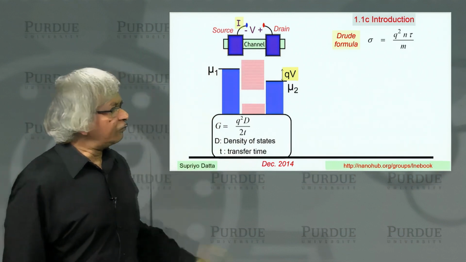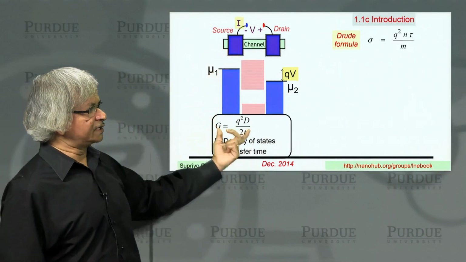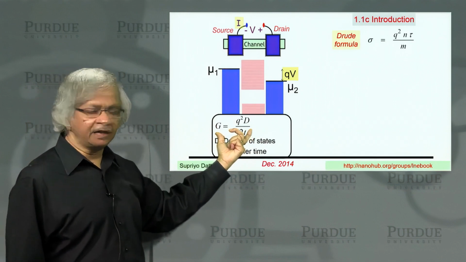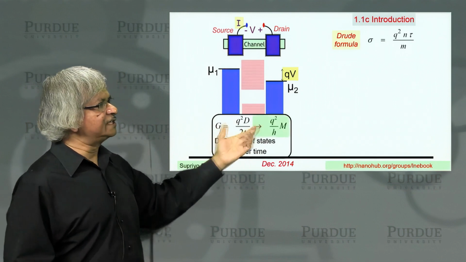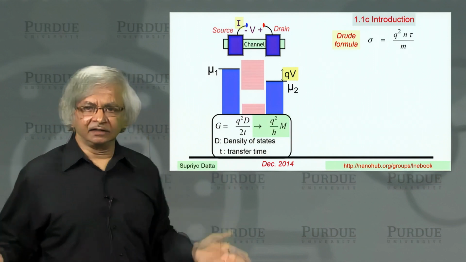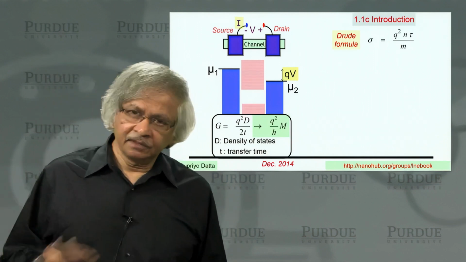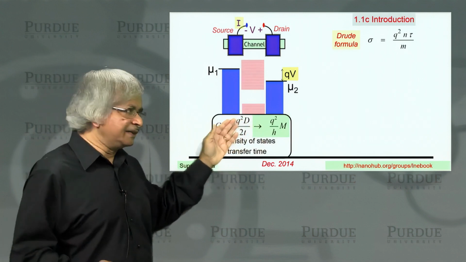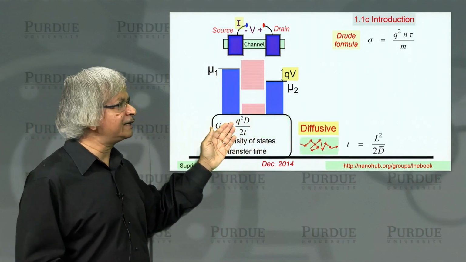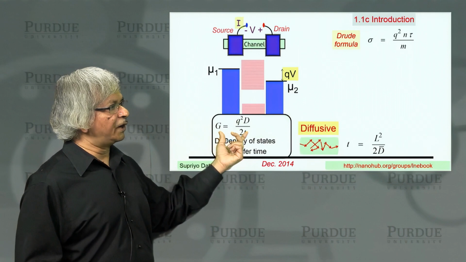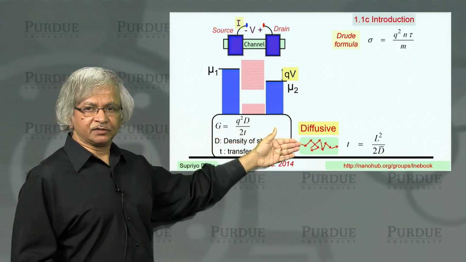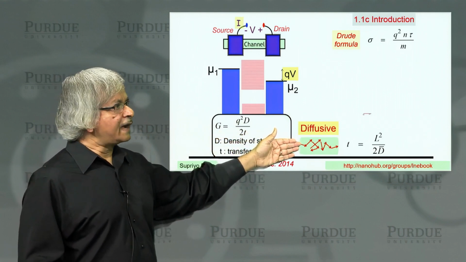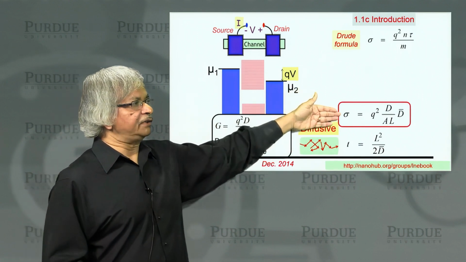Now, from this point of view, as I said, we obtain this expression for conductance, which we'll see leads naturally to the ballistic conductance that I talked about. And not only do you get the ballistic conductance out of it, we'll show that you can also use this viewpoint for diffusive transport and get an expression for conductivity.